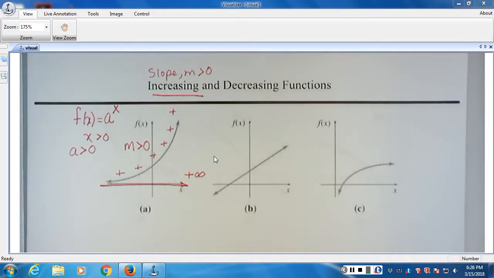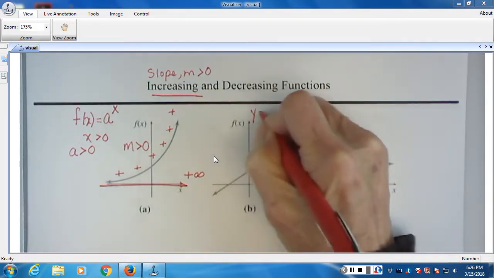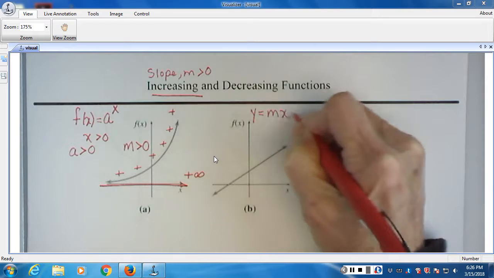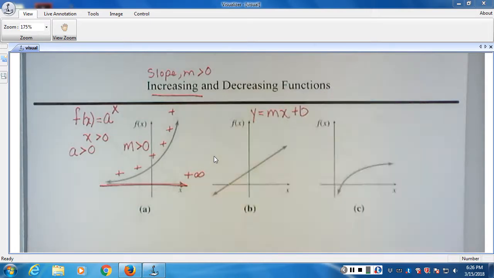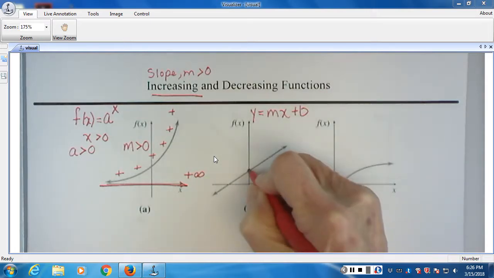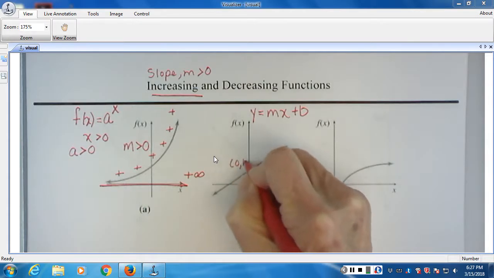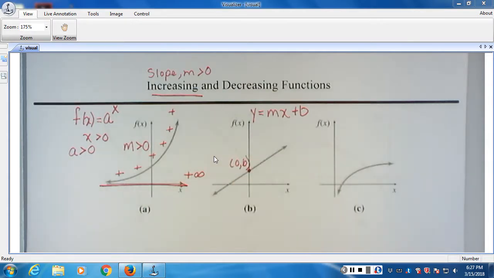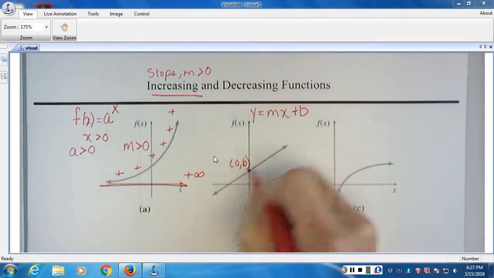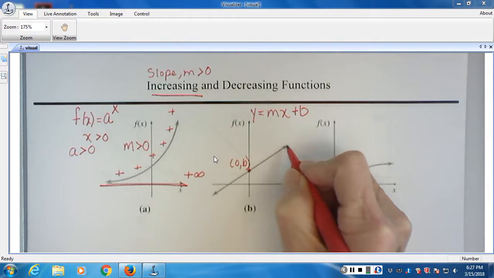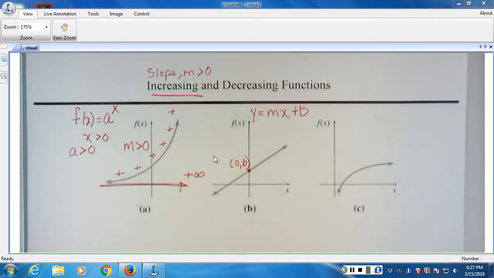Now, the middle example is the one that you're more familiar with, because the middle one is a linear function. And we know that in that function, when x is equal to 0, the y value is b. It's got a y-intercept, okay? And we realize, I hope by now, that this function is a straight line because its slope is constant.